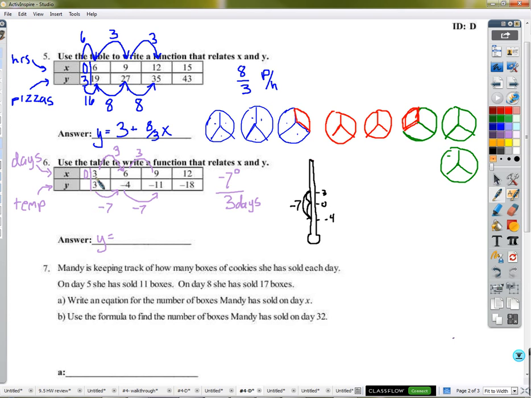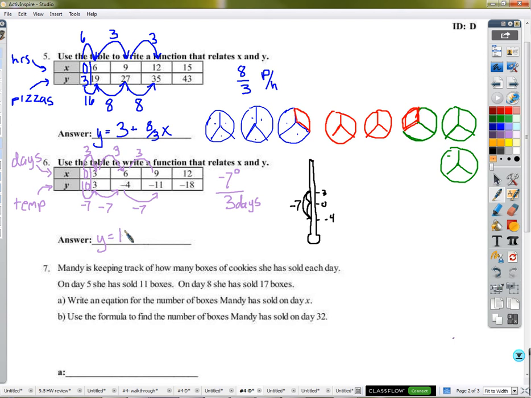So if it was 3 degrees on day 3, and every 3 days it drops 7 degrees, it must mean that it dropped 7 degrees to get down to 3 degrees. It went from the initial temperature down 7 degrees, wound up at 3 degrees. That must mean that this is 10. 10 degrees, down 7 degrees, now I'm at 3 degrees.